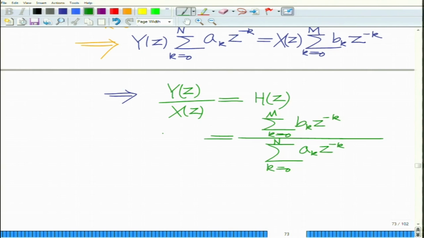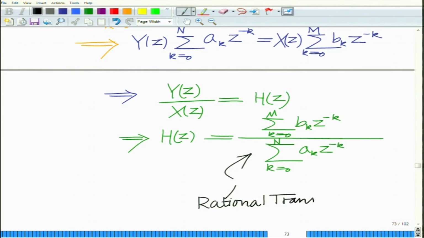So this is basically your H(z), which is in the form of a rational transfer function. Taking the inverse Z transform, one can obtain the impulse response of the system described by this difference equation.